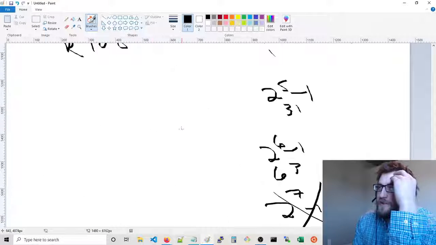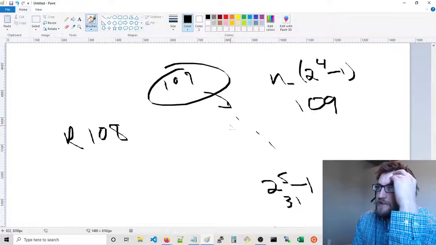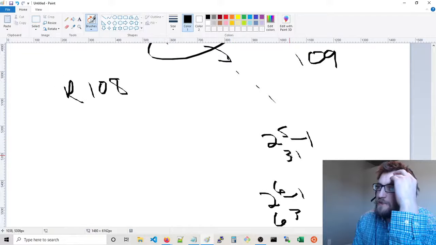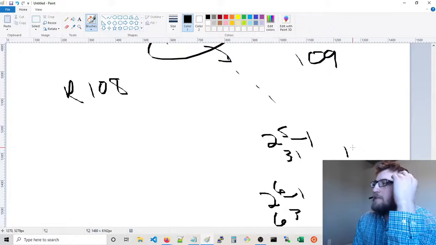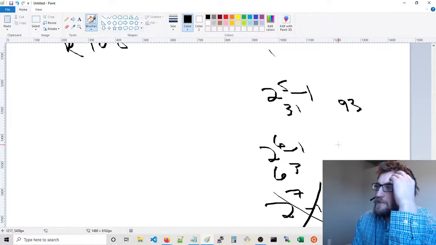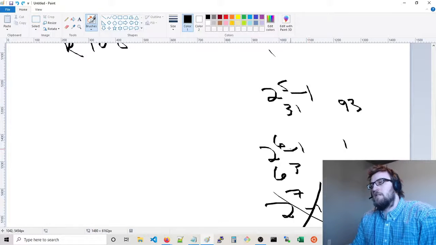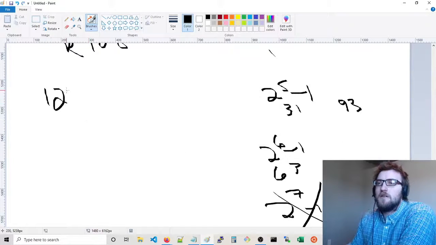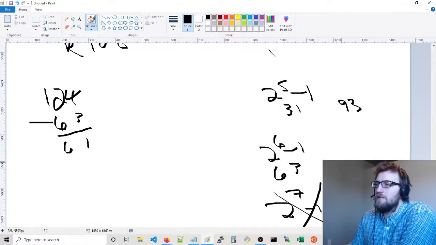So each of these is going to be, this is 124 minus 31, which is 93, the root node. This is 124 minus 63, which is 61. The root node is 61.